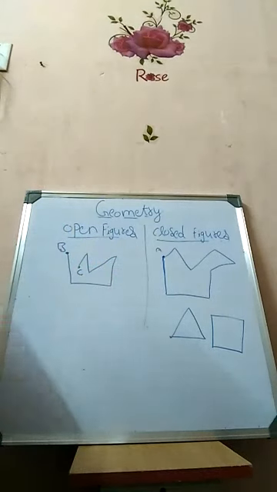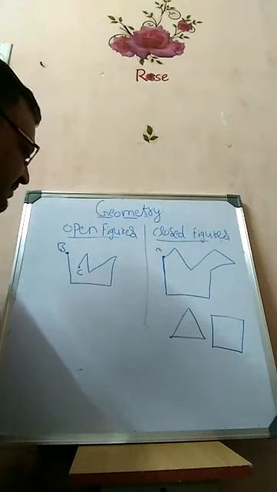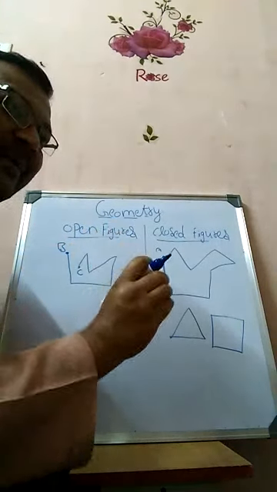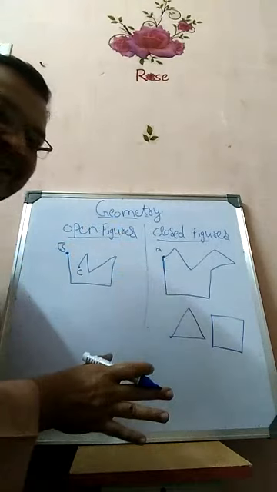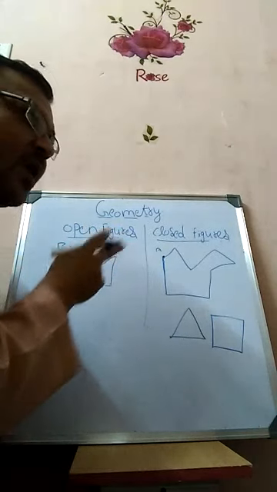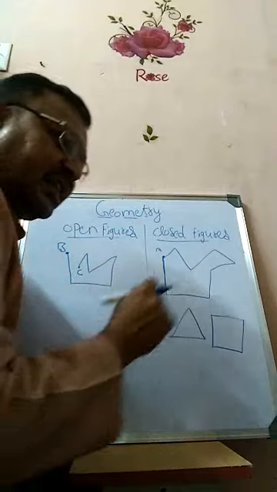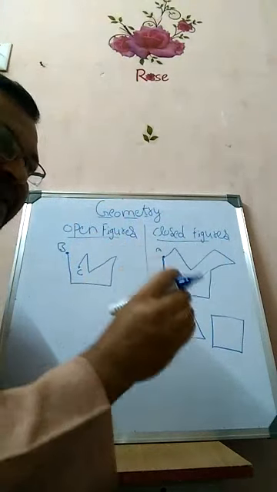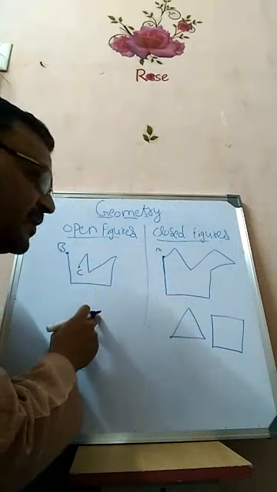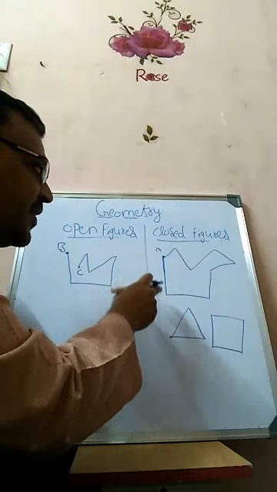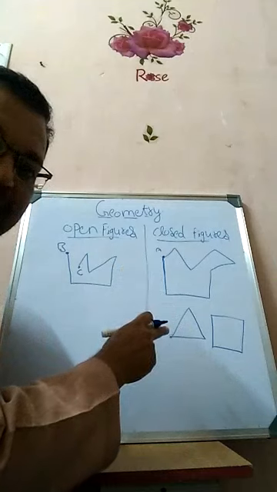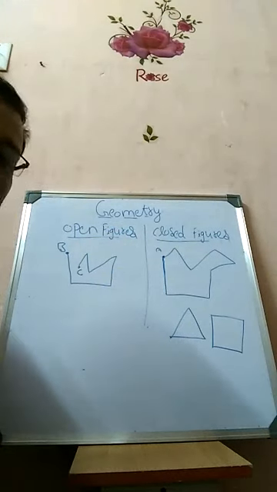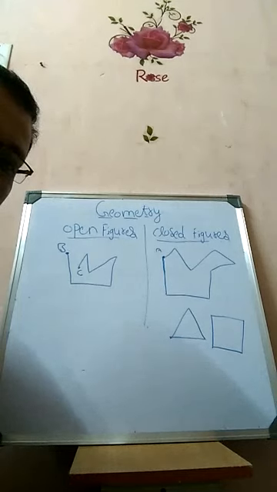It ended at C. So clearly the starting and end points of this figure are not same. So such type of figures are called open figures. If the starting and end points differ, then such figures are called open figures. If starting and end points are same, such figures are called closed figures. Mainly we will learn about closed figures in geometry. We'll see the next one.